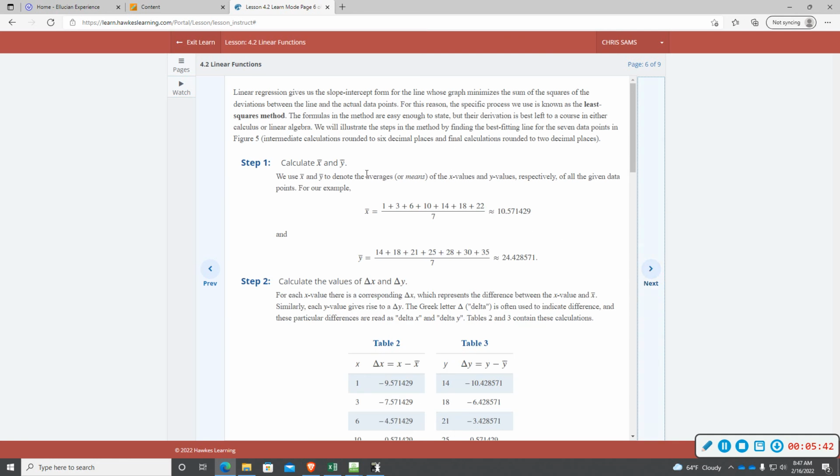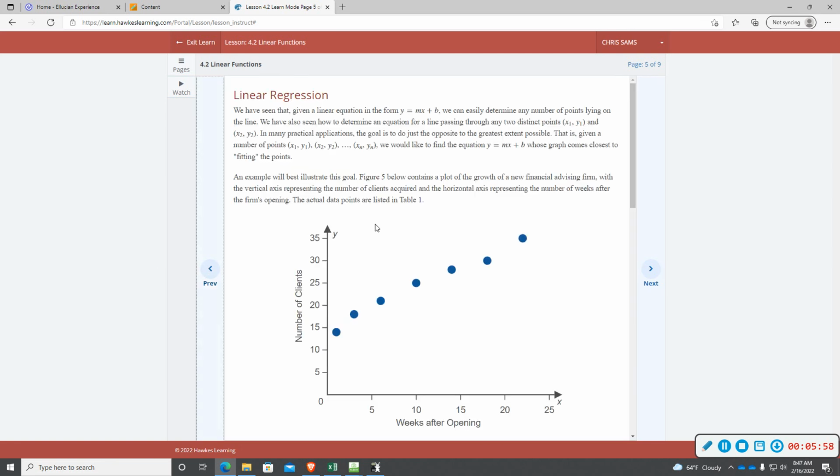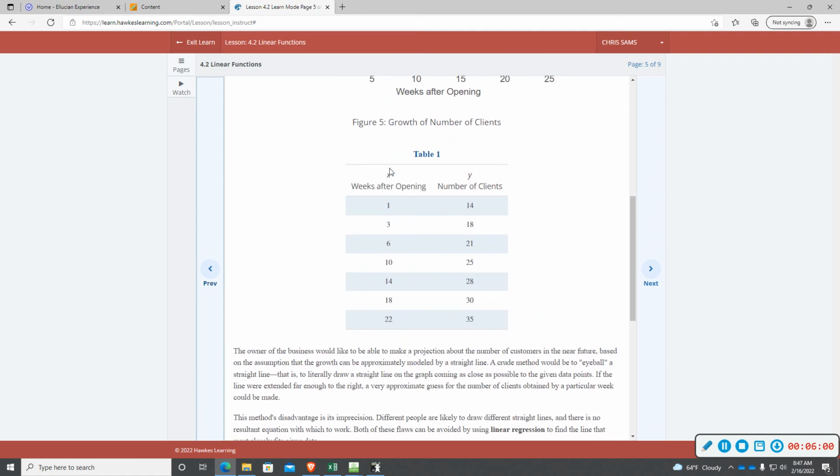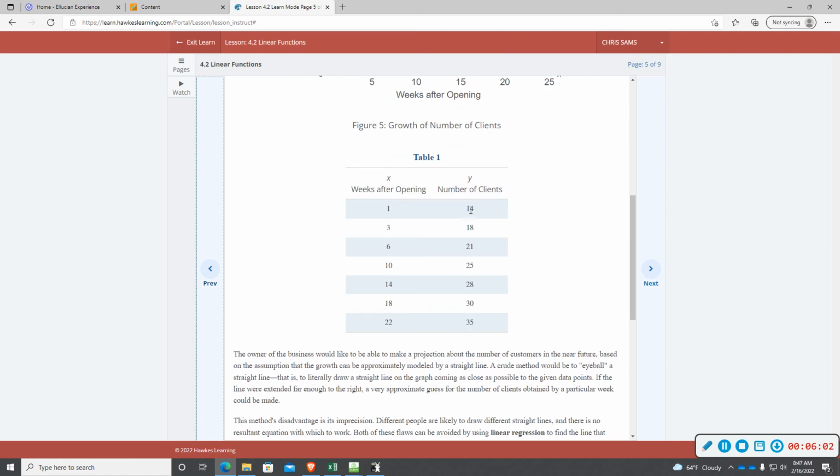Here is some of the process of finding and calculating the regression line and the correlation coefficient, which both are going to be computed. You're going to take that set of ordered pairs right here. You have X values and you have Y values.